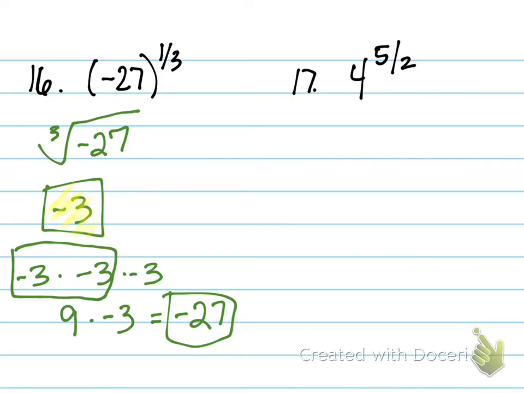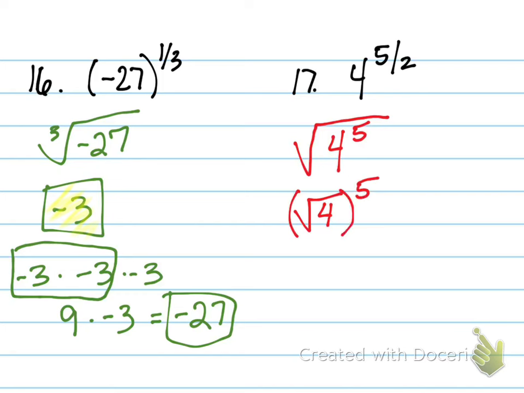And then the last one we have, 4 to the 5 over 2. This would be the same thing as saying the square root of 4 to the 5th power.